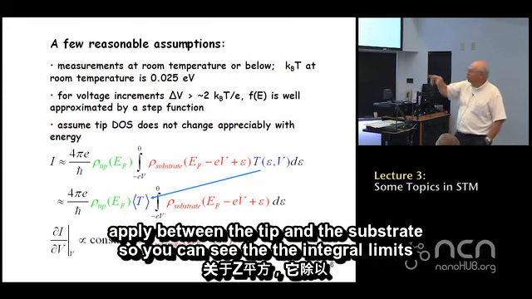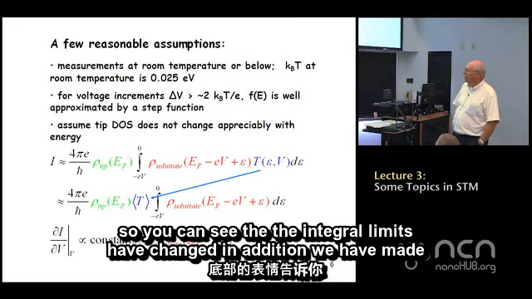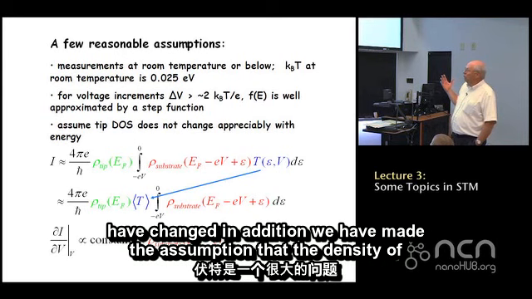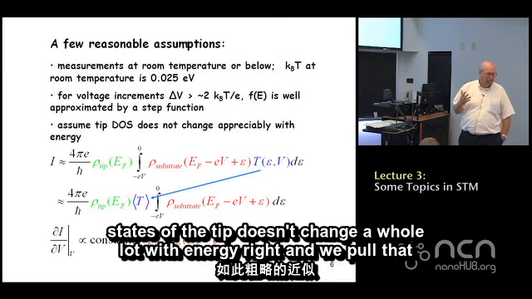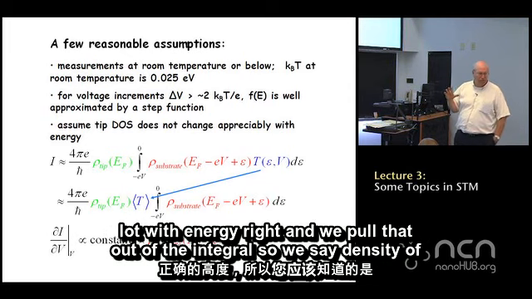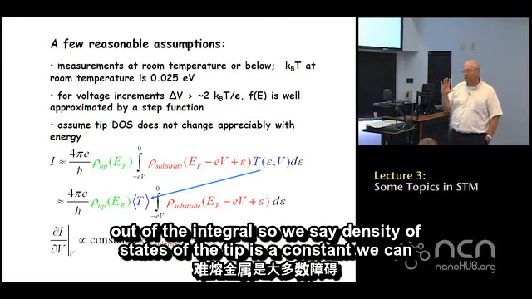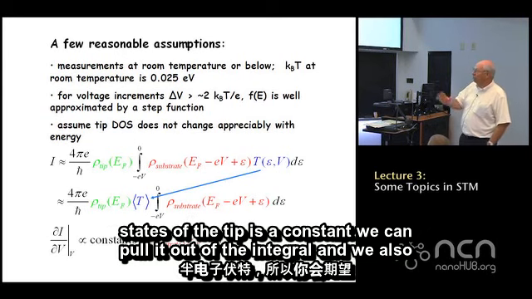So you can see the integral limits have changed. In addition, we have made the assumption that the density of states of the tip doesn't change a whole lot with energy, right? And we pull that out of the integral. So we say the density of states of the tip is a constant. We can pull it out of the integral.